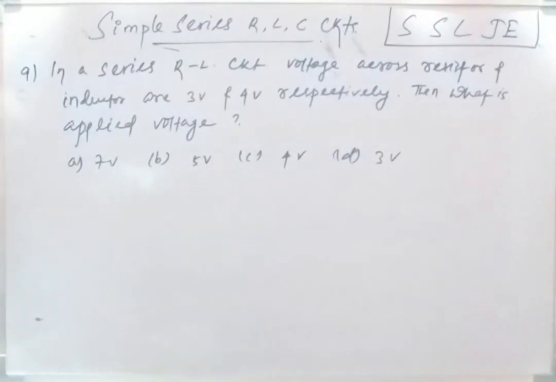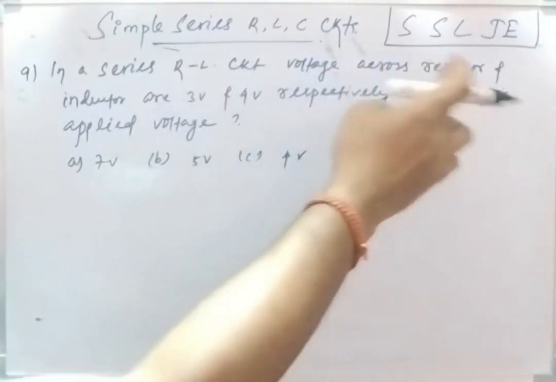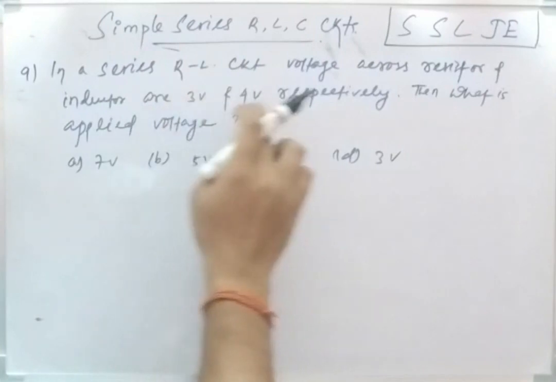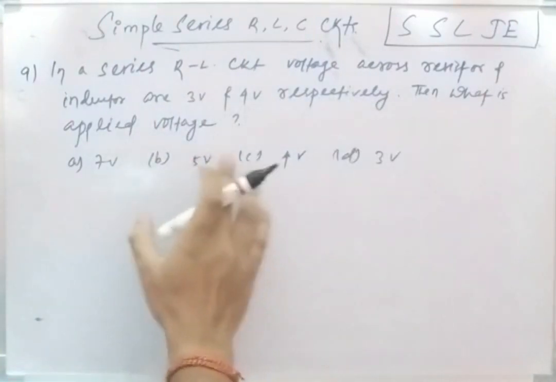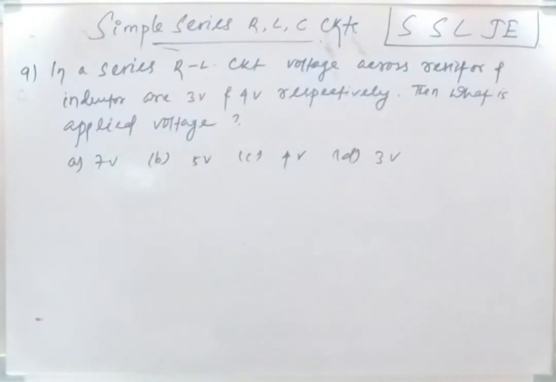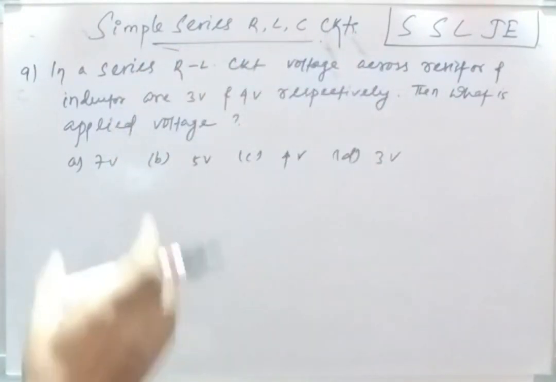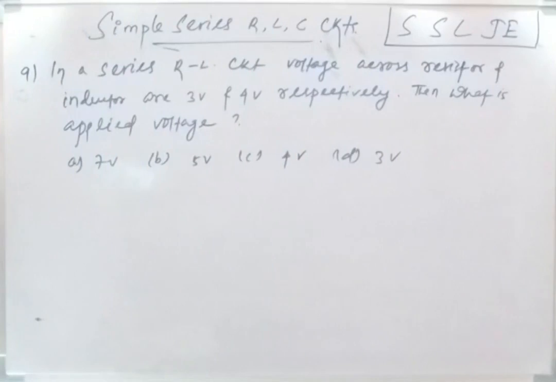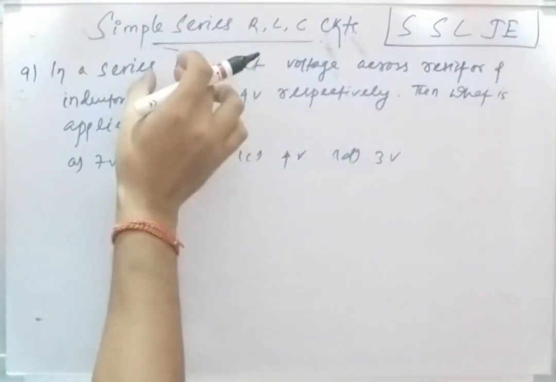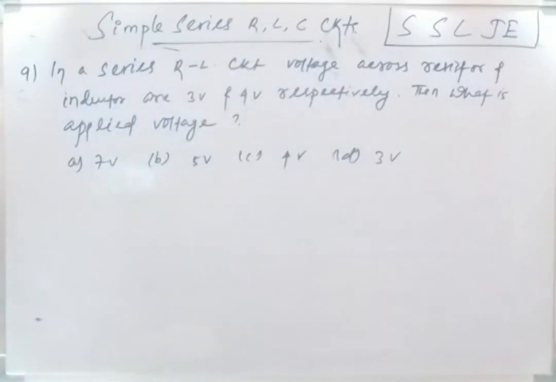Here the question is, in a series RL circuit, the voltage across the resistor and inductor are 3 volt and 4 volt respectively, then what is the applied voltage? Again, it is a series RL circuit, so to find the applied voltage we can add the voltage across the resistor and the inductor, but we cannot add them algebraically; we have to add them in complex or vectorial form.